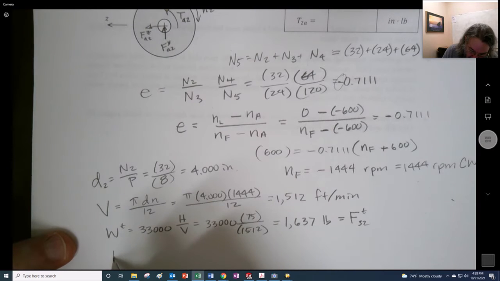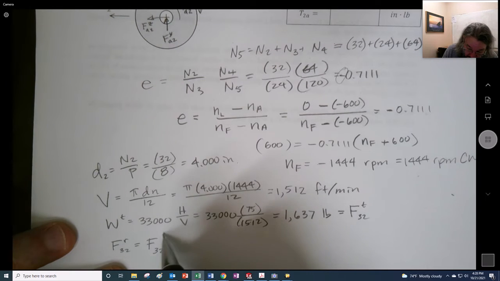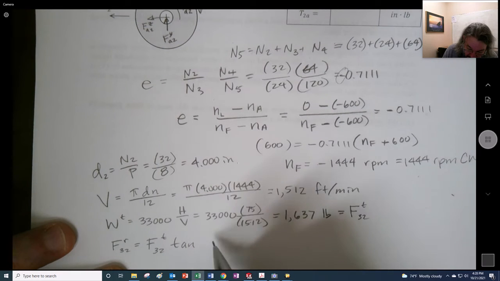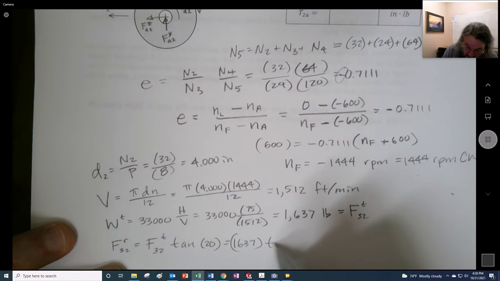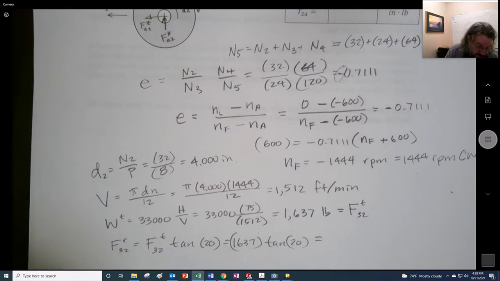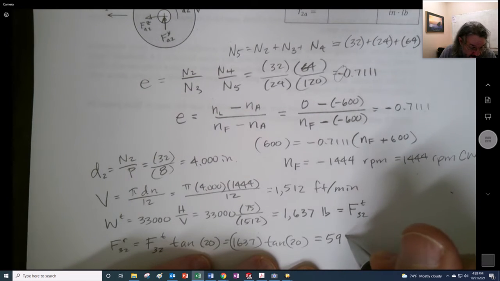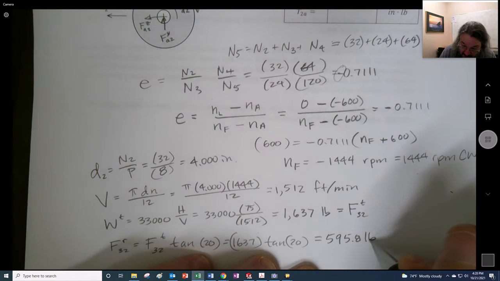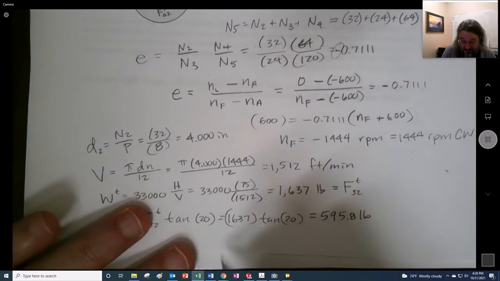And then we also want to get the radial force of 3, 2, and that's just going to be the tangential force times the tangent of our 20 degrees, or 1637 times the tangent of 20 degrees, and we get 595.8 pounds.